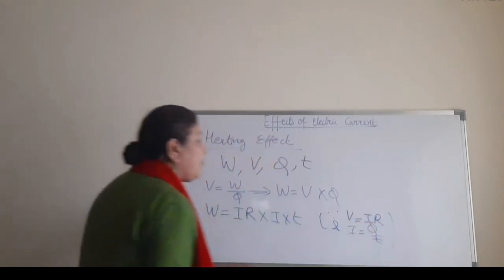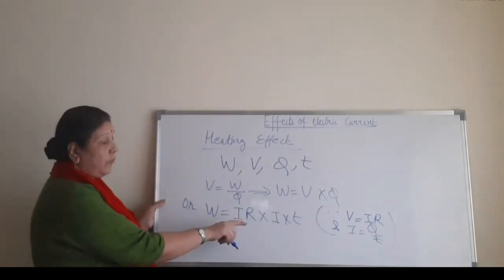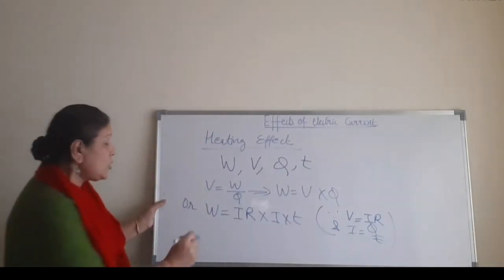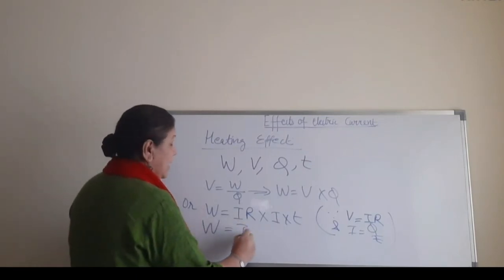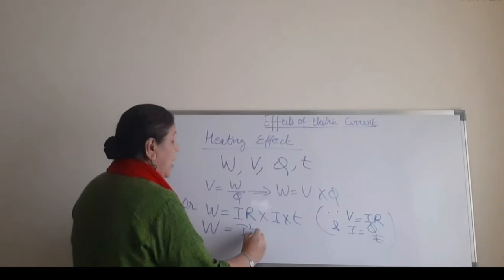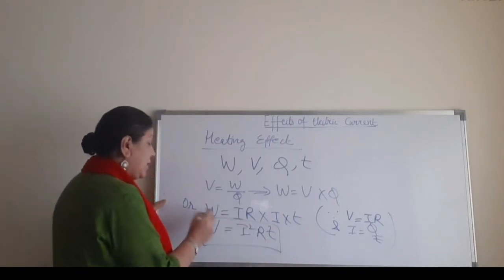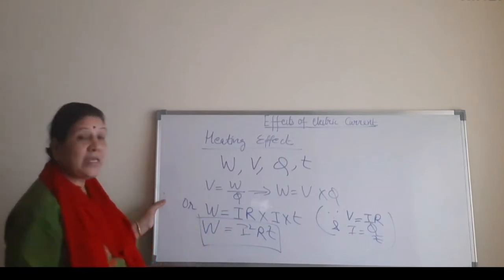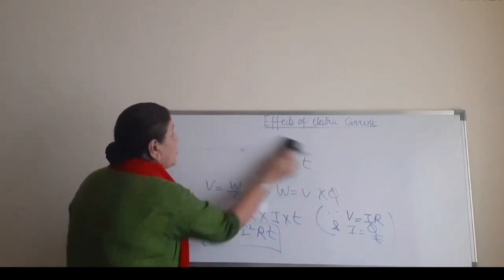These two formulas I have taken, and I have substituted the values of V and Q in this. So I have got the formula W is equal to I square Rt.